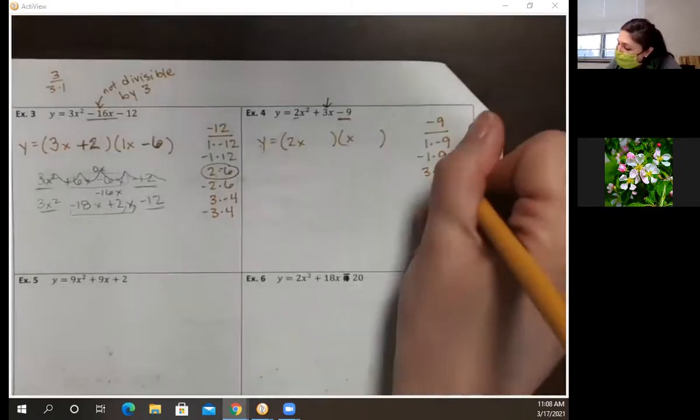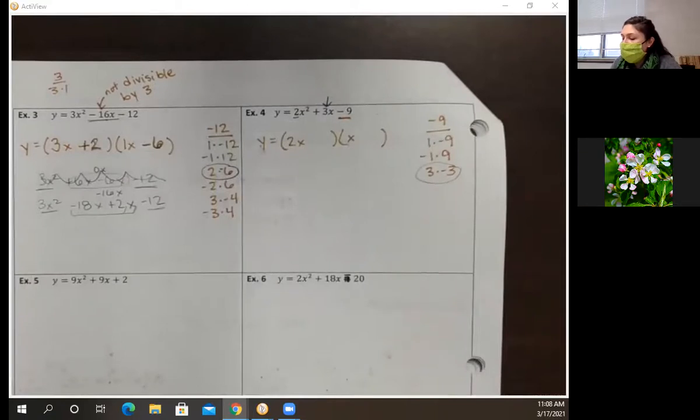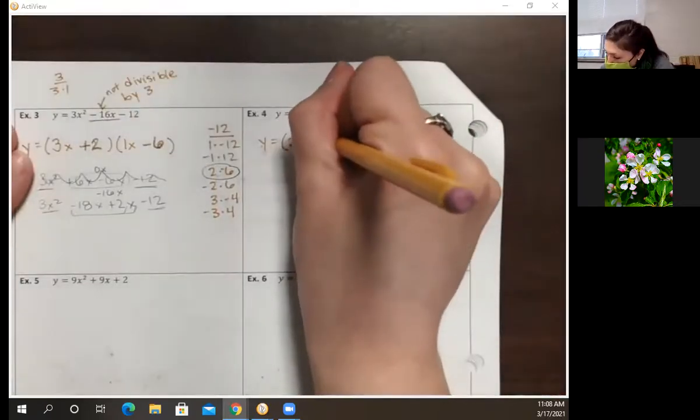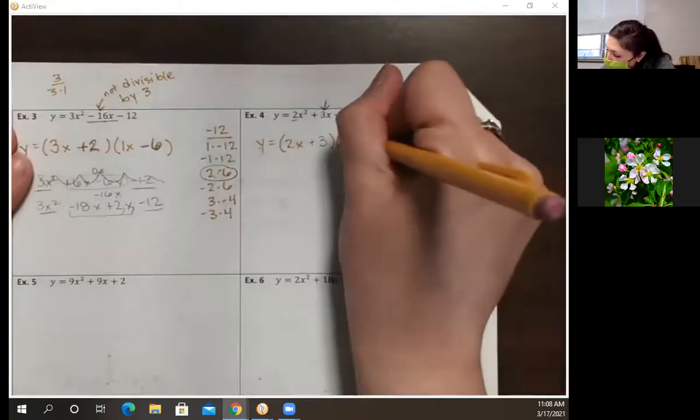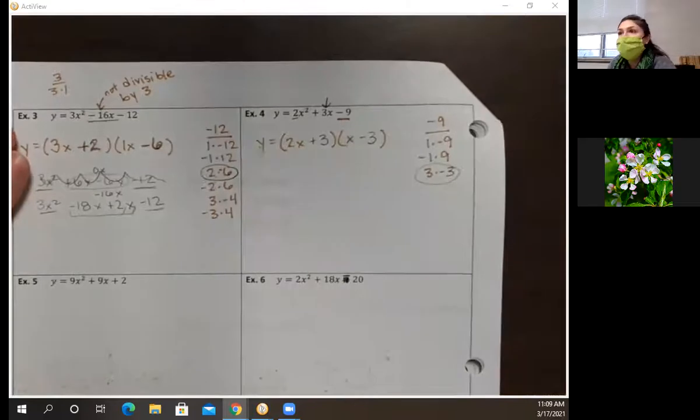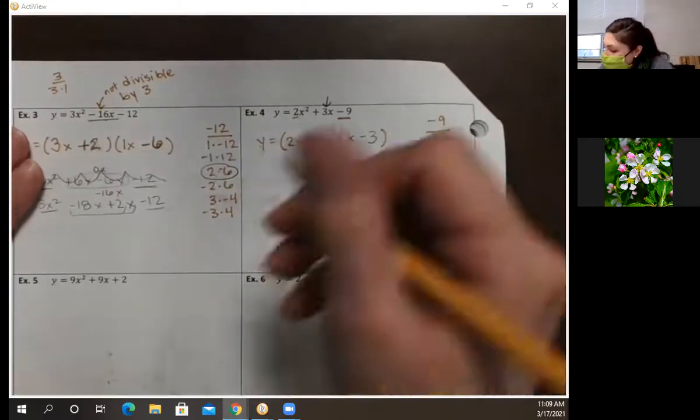Try the 3 and the negative 3. Which one do you want to put there? The positive one in the first factor and the negative one in the second? Okay, now let's give this a shot.